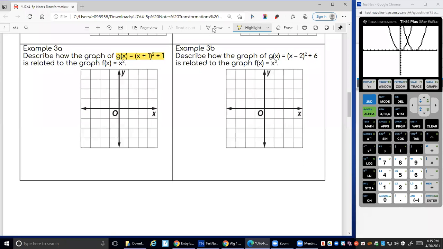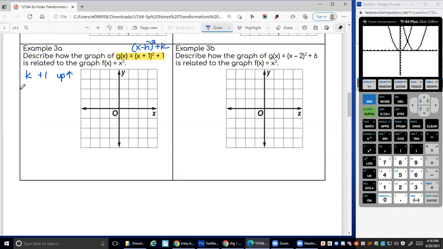So basically we're looking at two things, right? We got H minus, that's the horizontal, and then you got the plus K. So the plus one right here for the K, when it's plus one, we know that that is going to go up by 1 unit, okay?